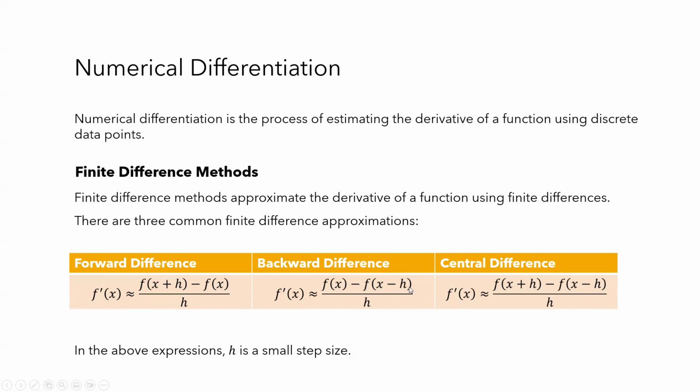In the backward difference, the first derivative of f with respect to x is approximately equal to f of x minus f of x minus h, over h. In the central difference, the first derivative of f of x is approximately equal to f of x plus h minus f of x minus h, over h.